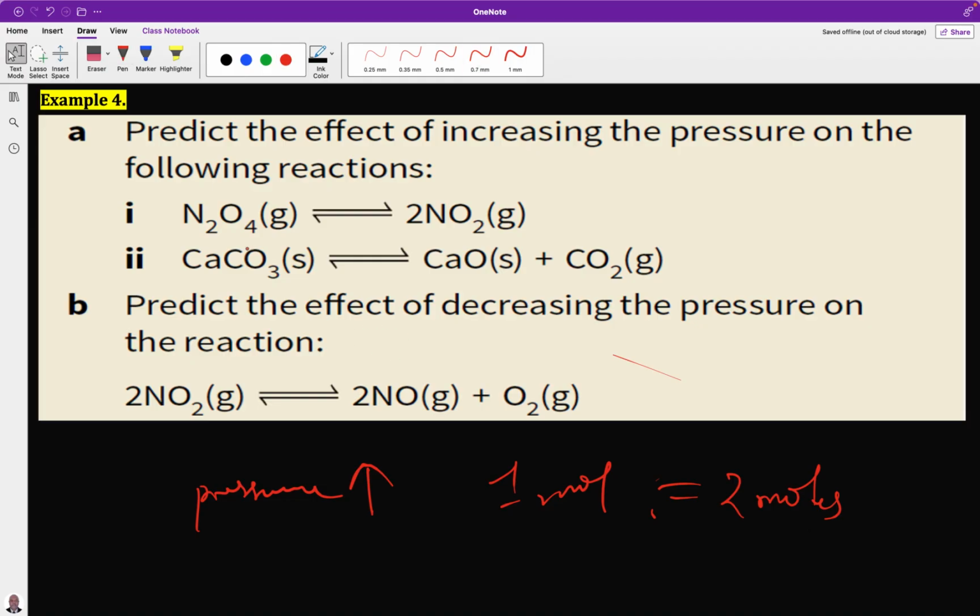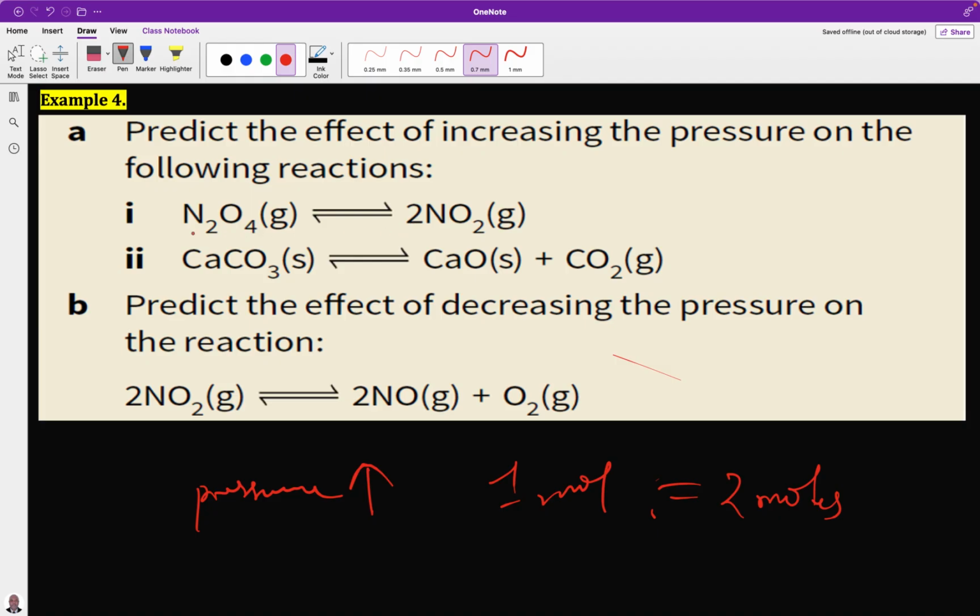Once more, when the gas pressure is increased, there is more frequent collision between the gaseous particles. So to decrease the gas pressure, there is movement of gaseous particles to the direction of fewer gaseous molecules, from 2 moles to 1 mole.